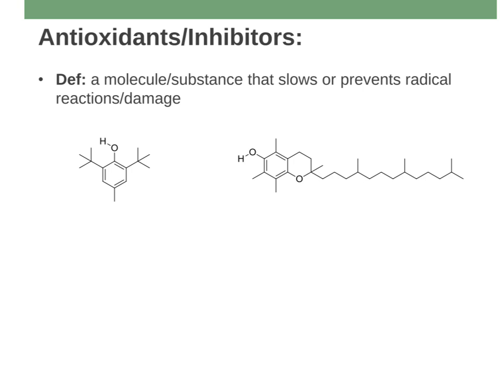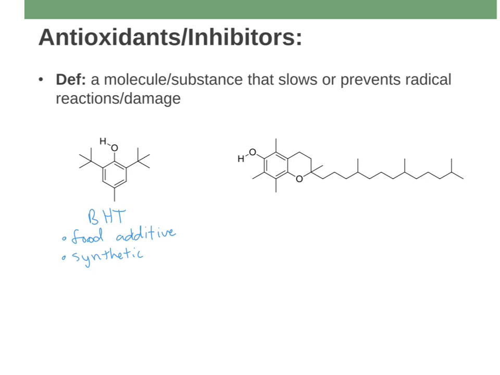So I have two examples drawn here. This first one is BHT, which is butylated hydroxytoluene, but I'll just put BHT for short. This is often a food additive, and it is synthetic, made by folks in a lab.